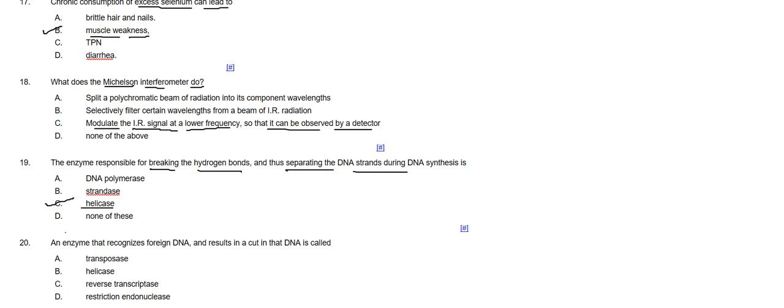Next is an enzyme that recognizes foreign DNA and results in a cut in that DNA. This we have discussed in detail. It will be restriction endonuclease, which will recognize the foreign DNA and will cut that DNA.